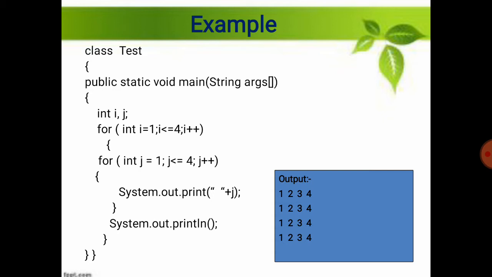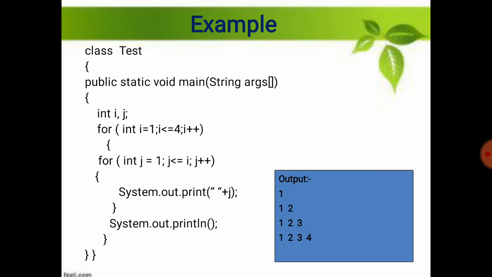So when i is equal to 1, it prints 1 to 4, and when the inner loop ends, it comes to the next line because of the System.out.println statement. Now when i is equal to 2, it prints again 1 to 4, because the inner loop revolves 4 times.